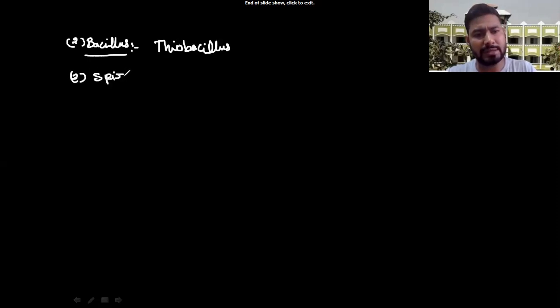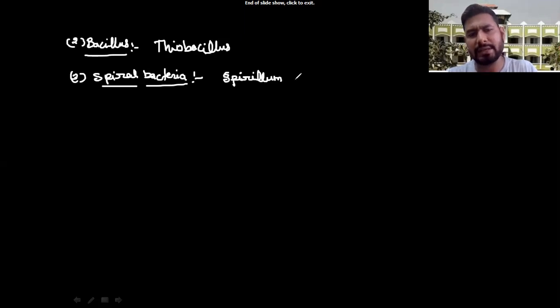And third is spiral bacteria. You can see the spiral shape. The shape of these bacteria will be spiral. The example is Spirillum volutans.